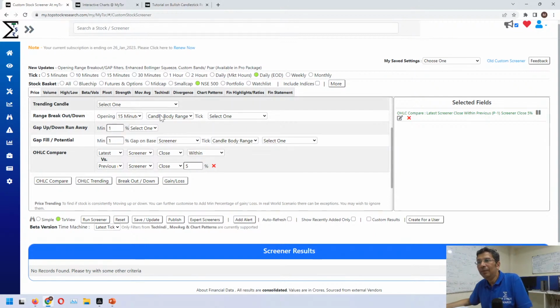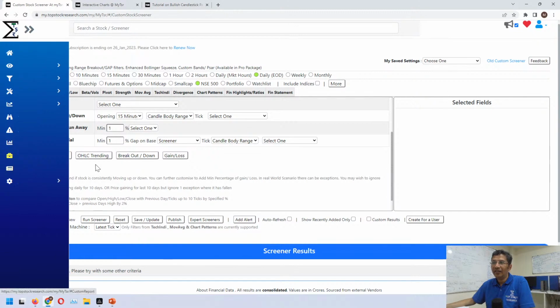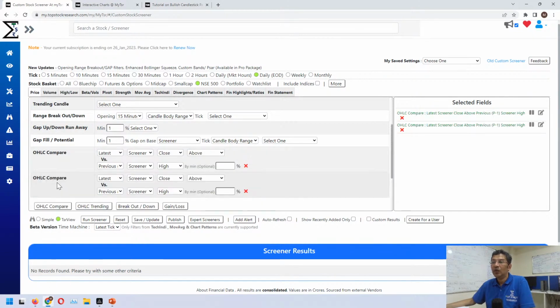No, right? So maybe there's no stock within this particular thing we are looking for. So the idea I was telling you is that you can add latest close within a certain range, then latest close with the previous minus 2 tick within a certain range, latest close with previous minus 3 tick within a certain range, and so on. That means the close price is within a certain range from the last 1, 2, 3, 4, 5, 6, 7, 8 ticks.